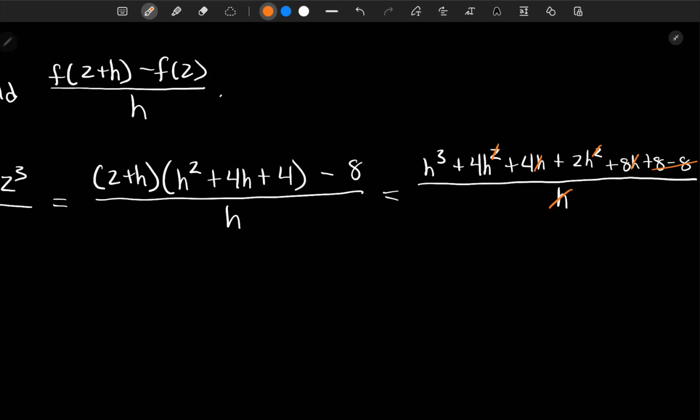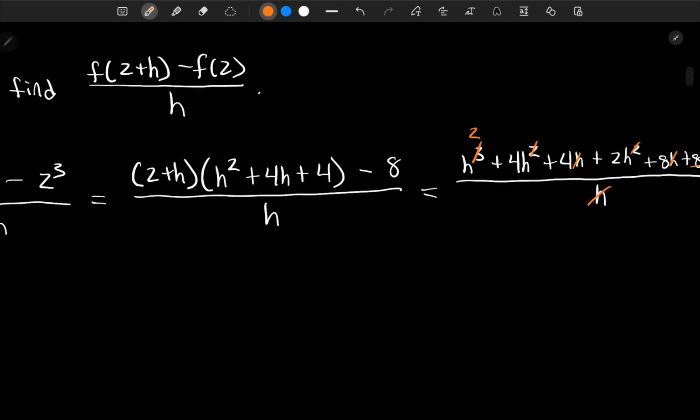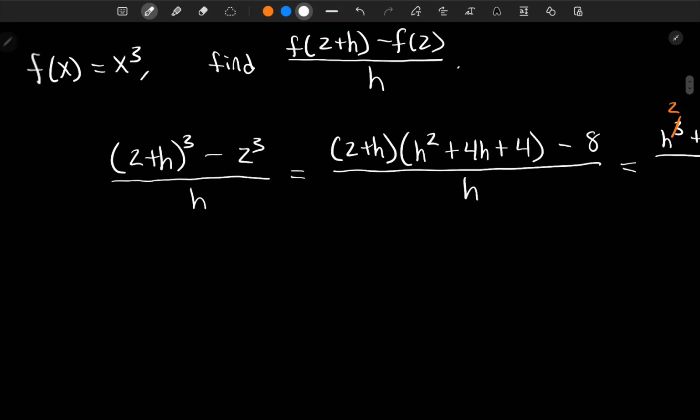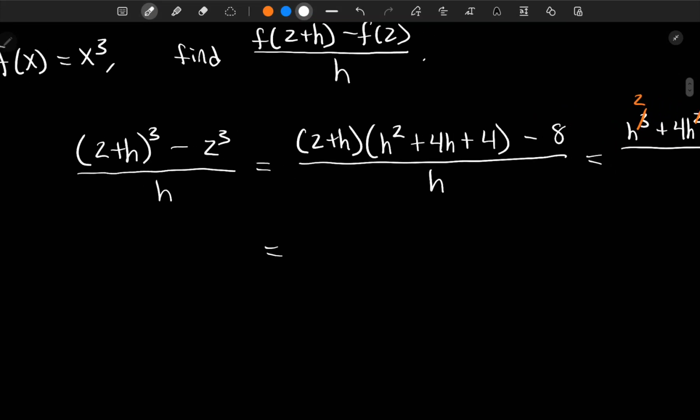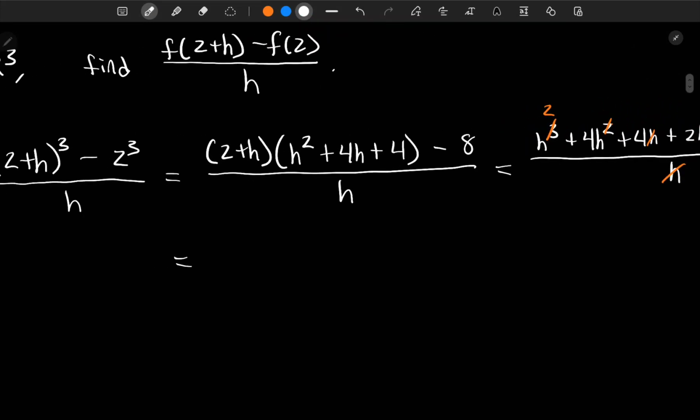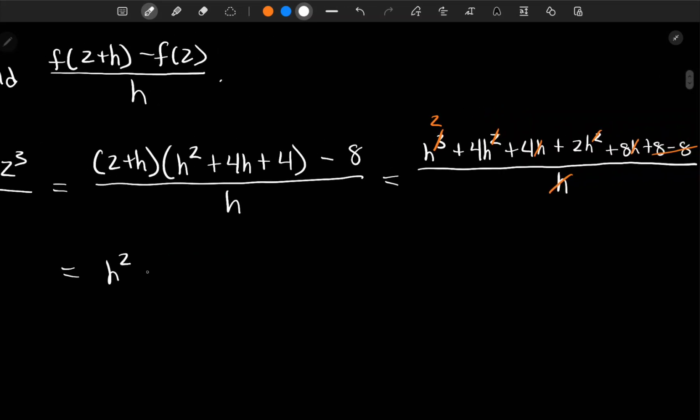So the h squareds become h's, the terms with just h's become a term with no h's, and the h cubed term becomes h squared. So in the end, this quotient is simply written as h squared plus 6h plus 12.